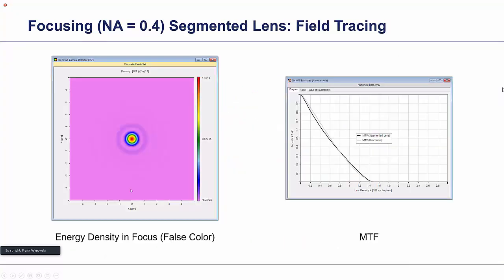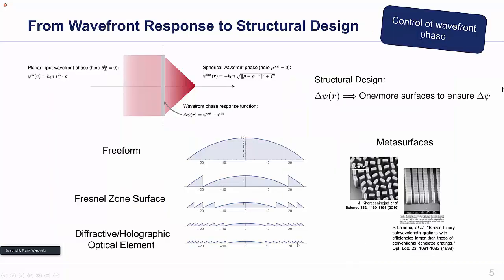And you can also do field tracing, that is our physical optics modeling, to get the point spread function and the MTF. The gray one is the ideal MTF, and the black one is the simulated one. So it's a full simulation of the situation. These are things we can do, and if we know the delta psi, then we are in a good situation.